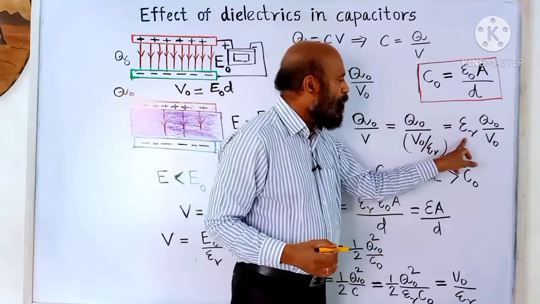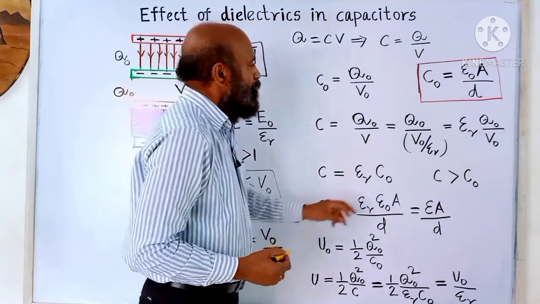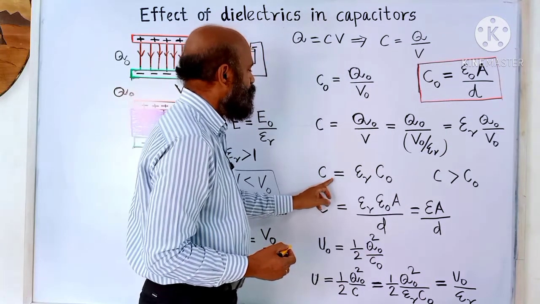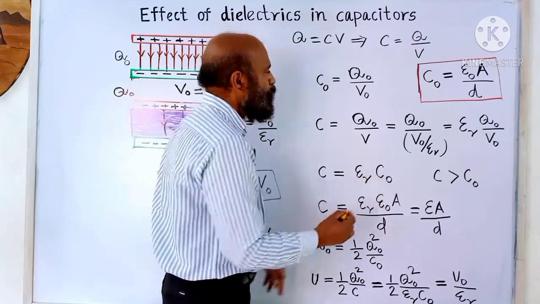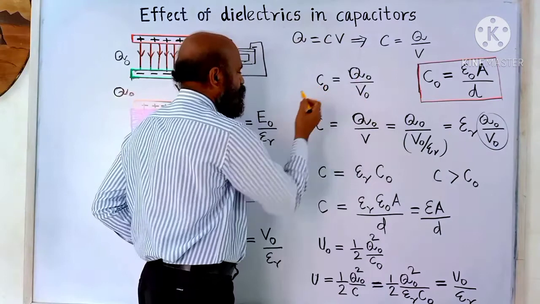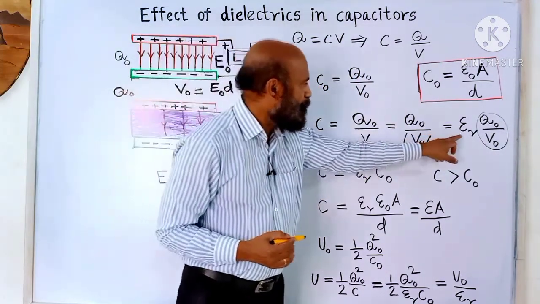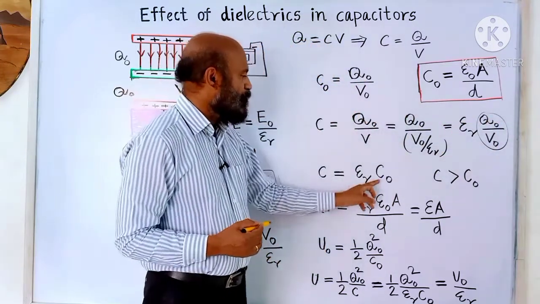So epsilon R Q0 by V0. Now C is equal to epsilon R C0, because Q0 by V0 is C0.